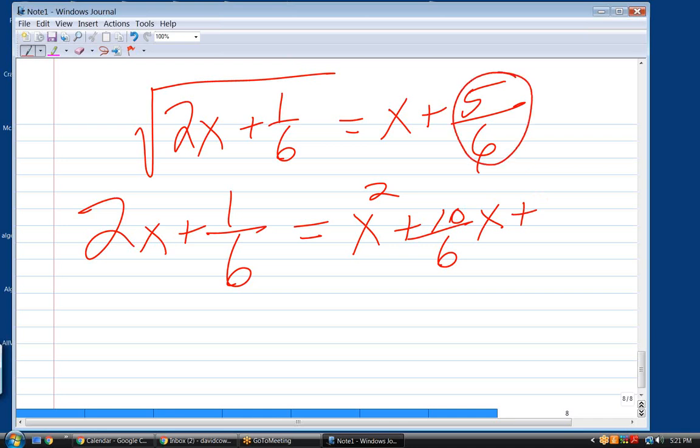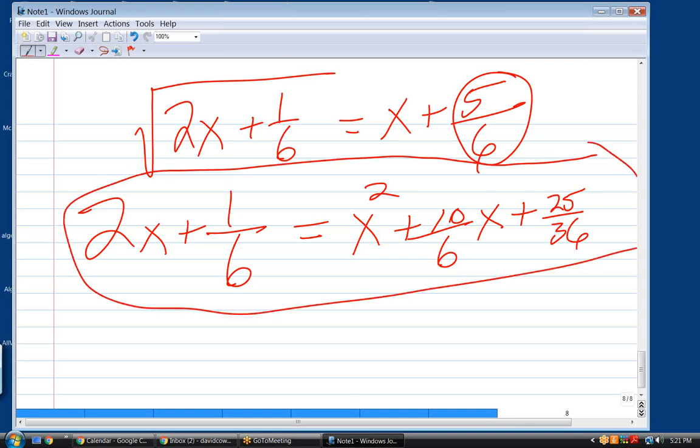Got to square that. 25 over 36. And now it solves, that's a quadratic. You're just going to combine everything and then factor it.